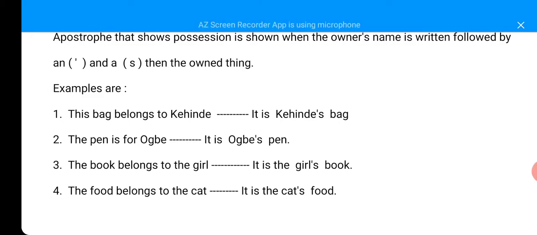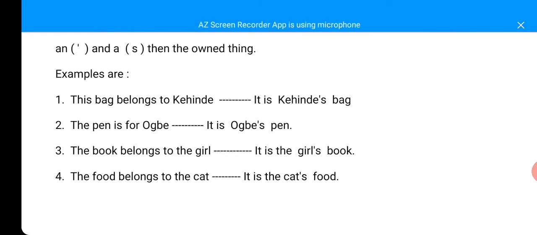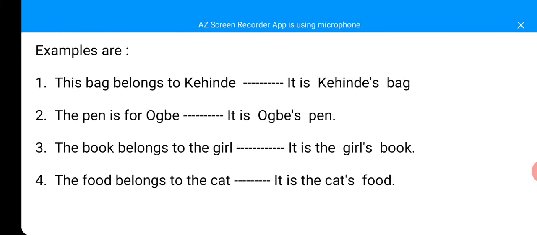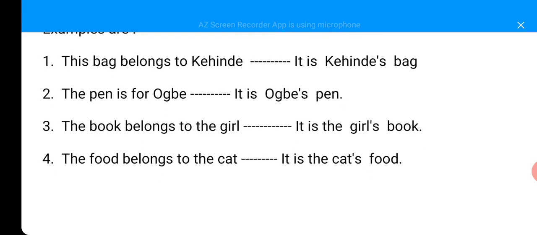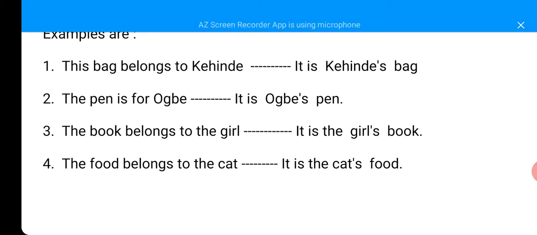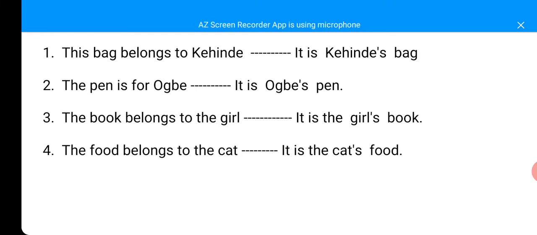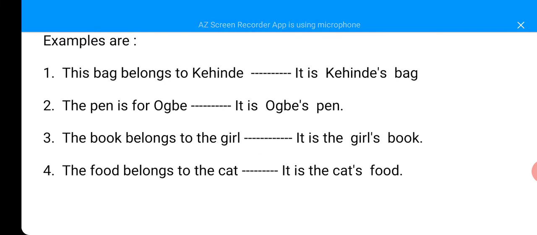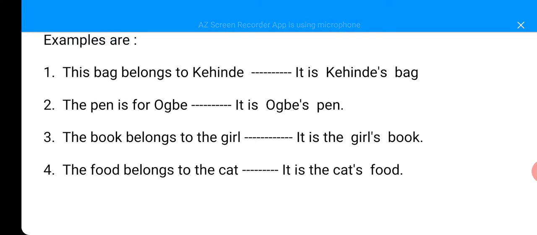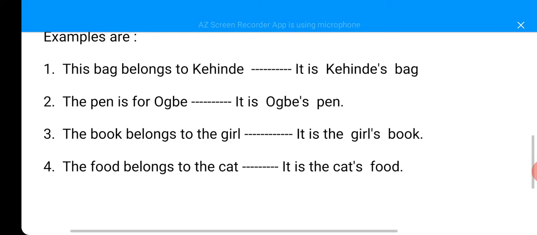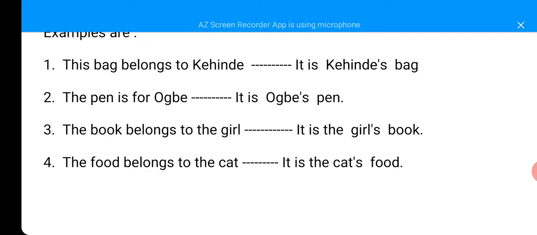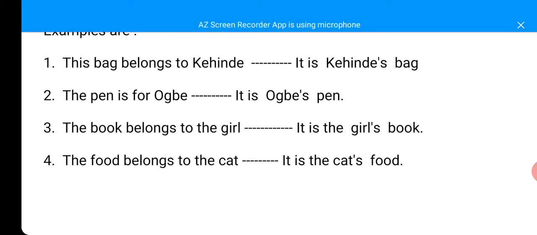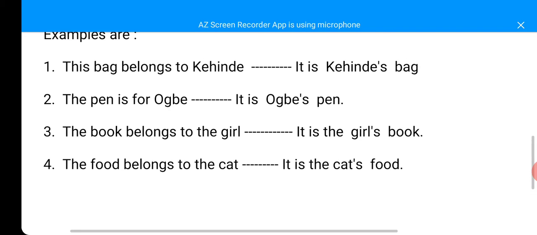Now let's look at this example. Number 1: This bag belongs to Kehinde. Now I want to use my apostrophe to show that this bag belongs to Kehinde, that is possession. It is now written as Kehinde, then you can see the small sign there, that is the apostrophe.